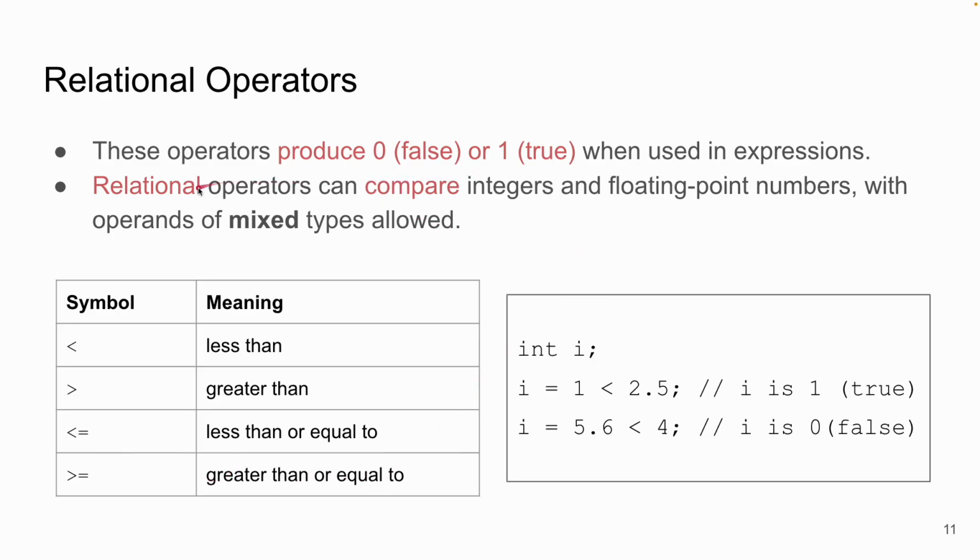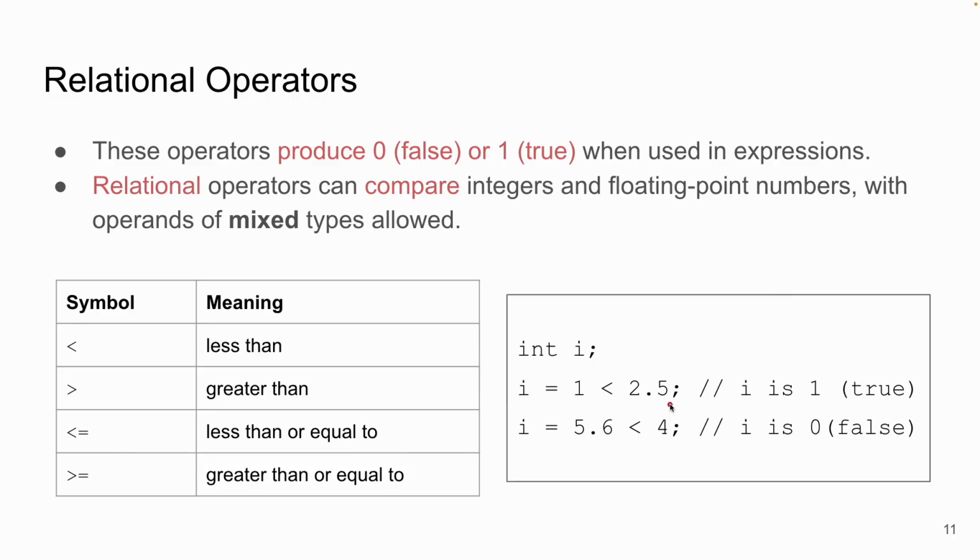Again, these relational operators will produce 0 or 1 when we use them in an expression. And again, 0 represents false, 1 represents true. Let's check out the example directly. In this example, we use the relational operators to compare integers and floating point numbers.